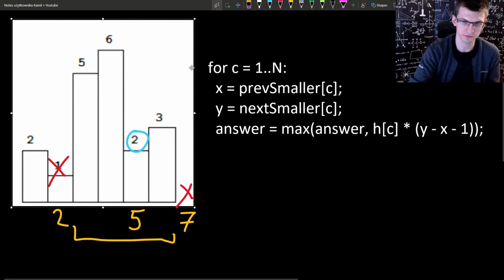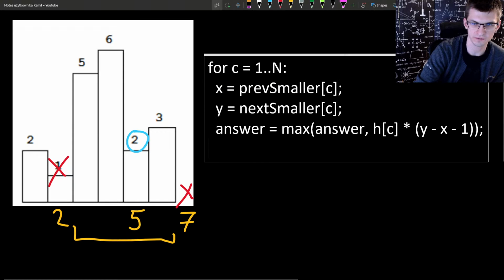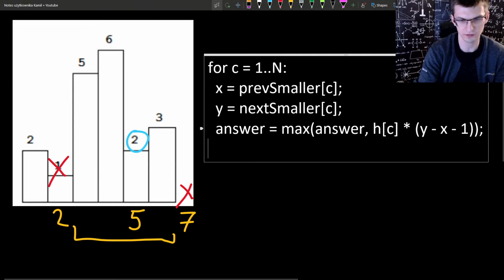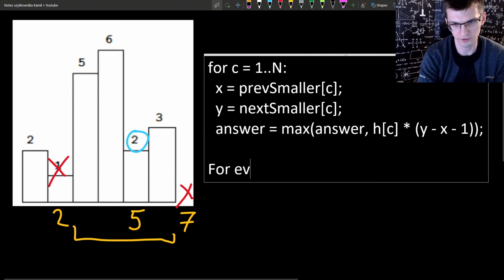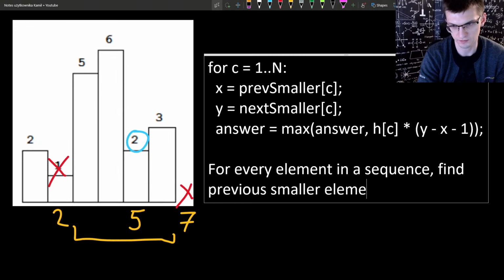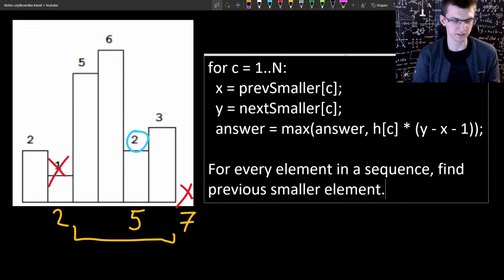Chat, do you know how to find this in linear time for every element in a sequence? The problem boils down to, for every element in a sequence, find previous smaller element. Using a stack, exactly, monotonic stack.